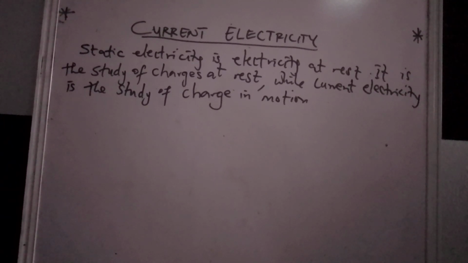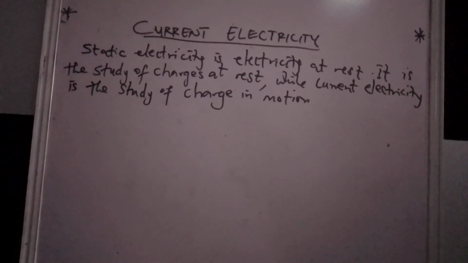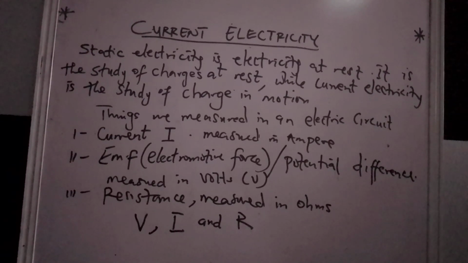Then number three, we measure the resistance, and the resistance is measured in ohms. So once again, in an electric circuit, there are three things we measure. As rightly said, we measure the current I, the EMF or the potential difference, and the resistance in that circuit. But before we proceed, there are some terms I want you to understand.